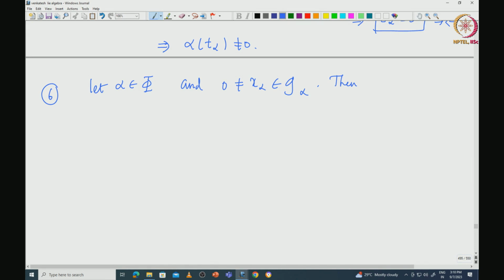Then using that y alpha, we will be able to produce an SL2 triple. So, given alpha in Phi and x alpha a non-zero element in g alpha, we can choose y alpha inside g minus alpha such that x alpha, y alpha and H alpha, which we denoted as the bracket of x alpha and y alpha, make an SL2 triple.